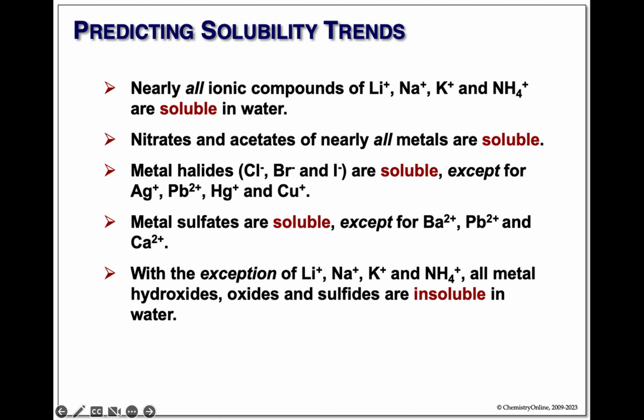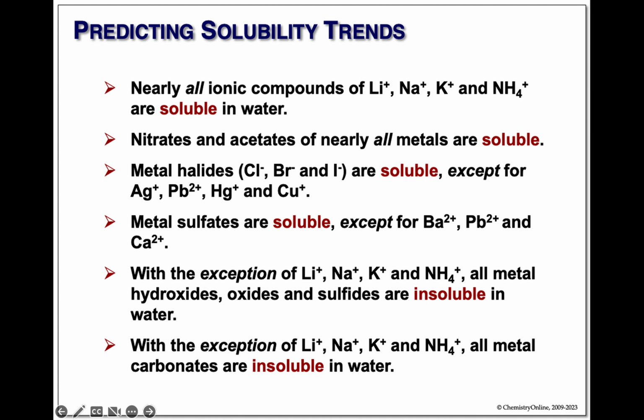Finally, hydroxides and oxides are going to be insoluble unless Rule 1 wins out. Same sort of thing for carbonates, phosphates, hydrogen phosphates, all of the other ones that you don't remember. They're insoluble unless Rule 1 applies.